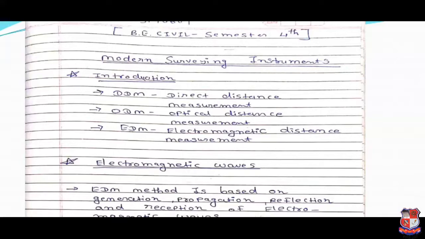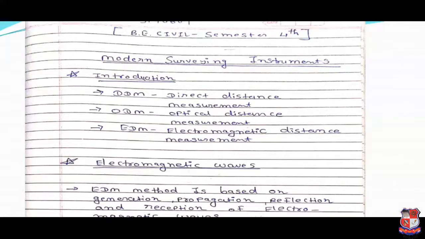Then optical distance measurement is the observation taken through optical distance measurement instruments called tachymeters, and calculations are done for the distance. However, these tachymeters are not suitable where high accuracy is required. Moreover, their use is limited to shorter sites.